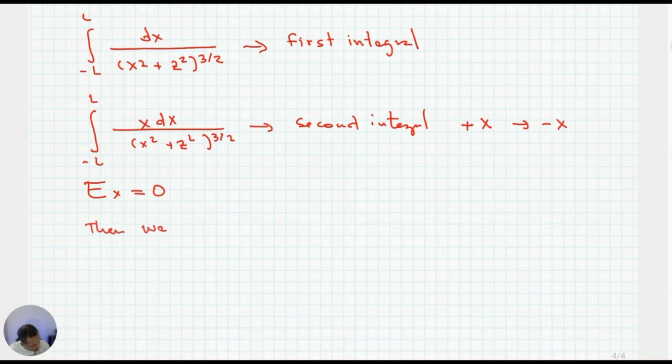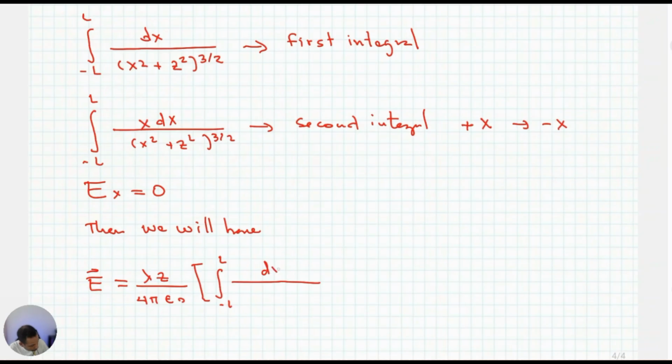Then we will have E is equal to lambda z dividing 4 pi epsilon 0, integral from minus L to L, dx dividing s squared plus z squared to the 3/2 power.